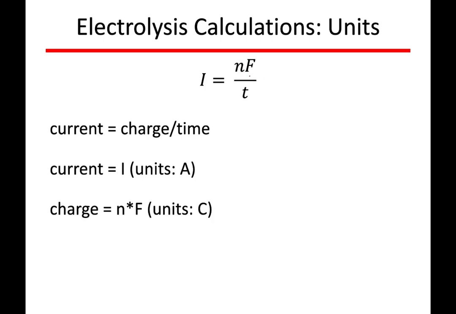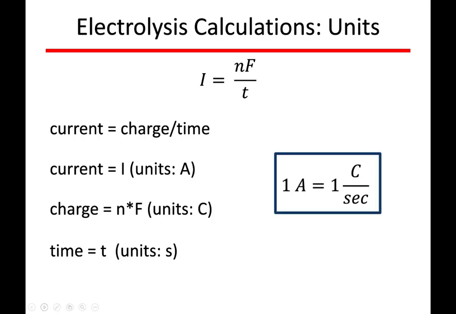So the moles of electrons cancel out, and so the numerator has units of just coulombs. And on the bottom, we have time, and for time, we're going to use units of seconds. And so what that tells us is that an amp would be the same thing as 1 coulomb of charge being passed per second of time. And that introduces what the units are here, and that also gives us an equation that we can use for doing problems that involve current flow.